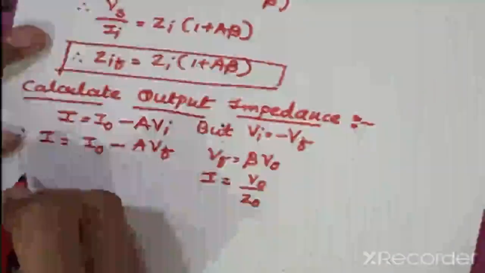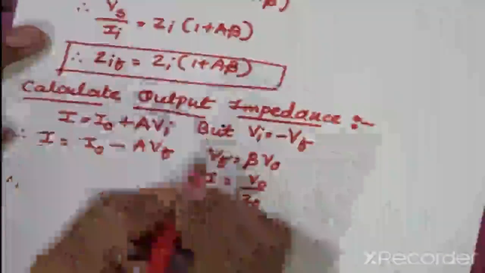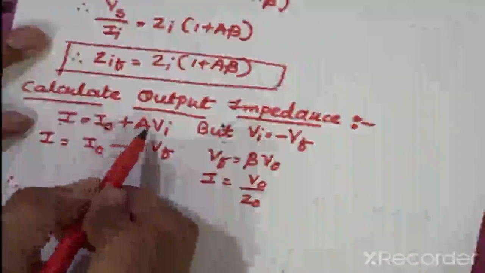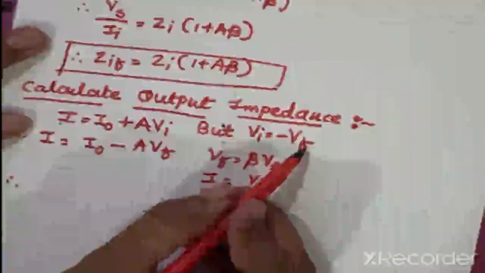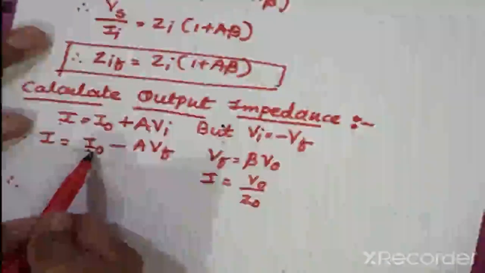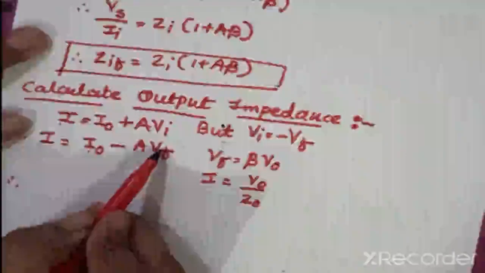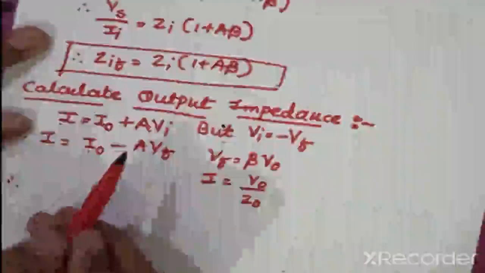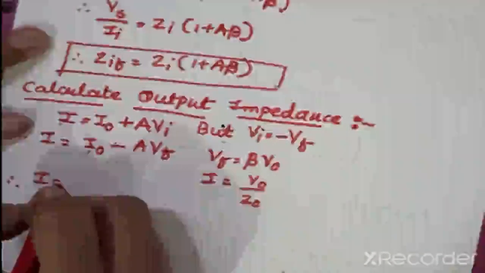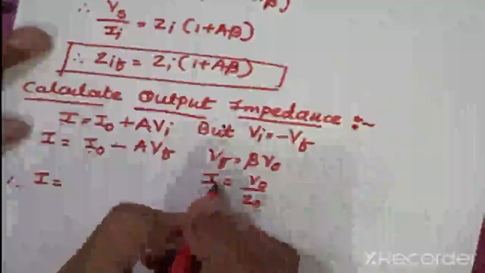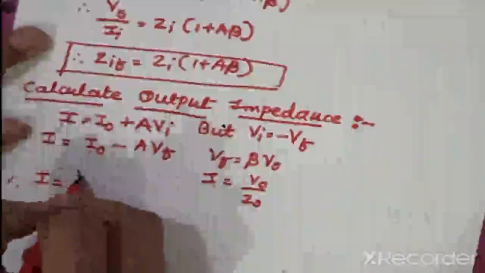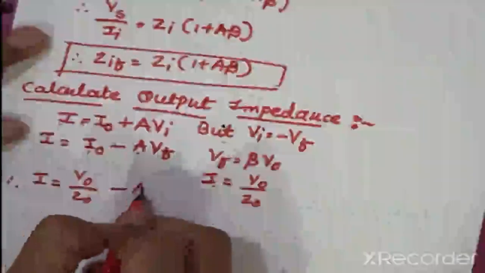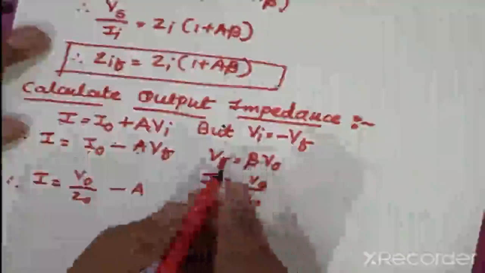Putting the value of Vf in this equation, we get I equal to Vo by Zo minus A beta Vo.